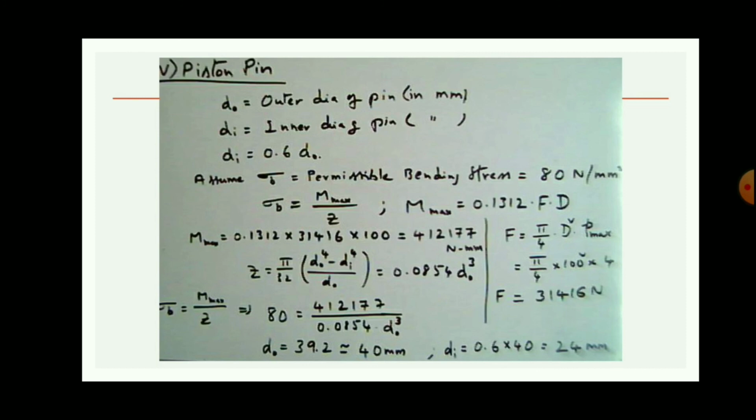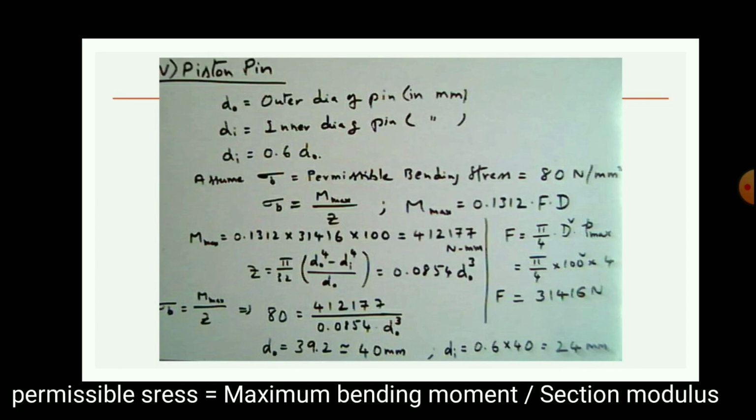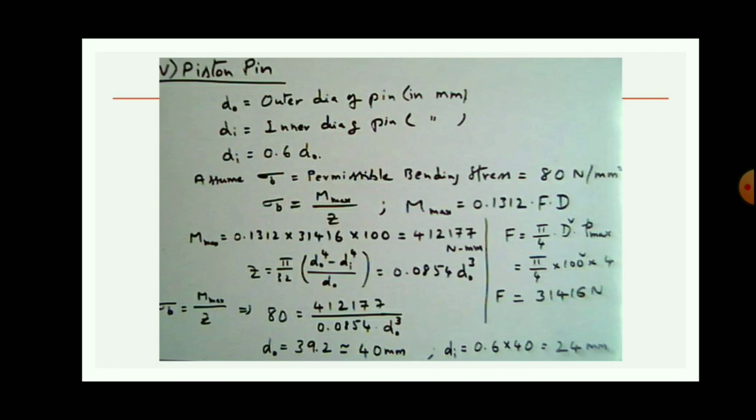And sigma B is M max by Z, the sectional modulus. Inside the sectional modulus we have the outer diameter and inner diameter.